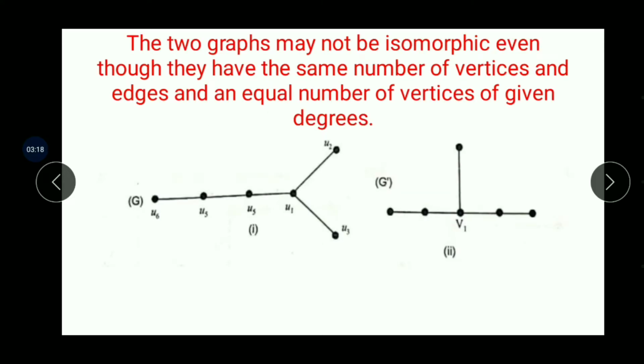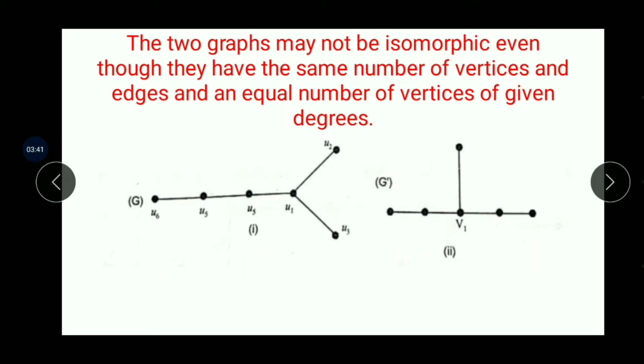For example, there are 6 vertices in this graph and 6 vertices in this graph also. How many edges are there? 1, 2, 3, 4, 5. 5 edges here, 5 edges here. So equal numbers of vertices and edges are there.